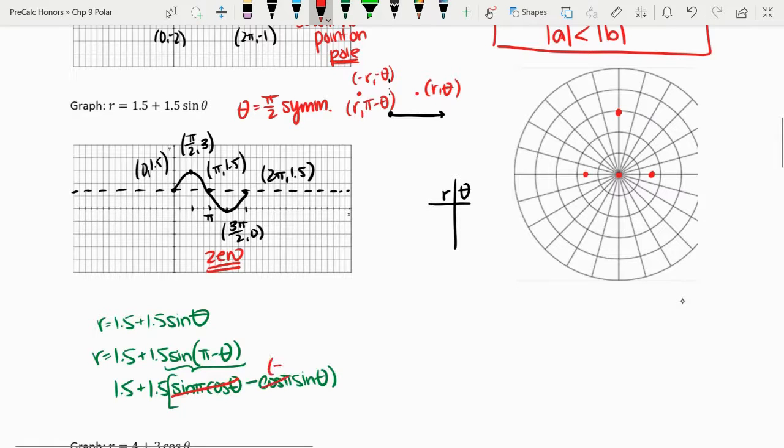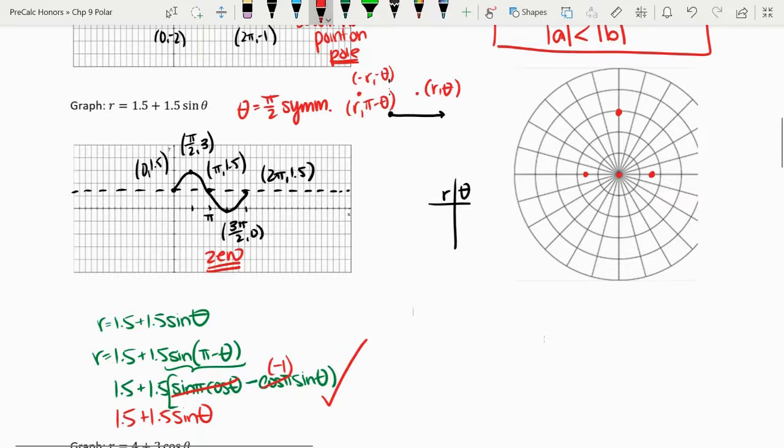Cosine pi is negative 1, so this turns into positive sine, so plus 1.5 sine theta. So that would be the check that works out, which again is a little bit tricky. Like I was saying before, negative r, negative theta would be another way to write that point. But if I subbed these into this equation, it would not turn into the original. It doesn't mean that there's not theta equals pi over 2 symmetry. So just pointing that out as an example.